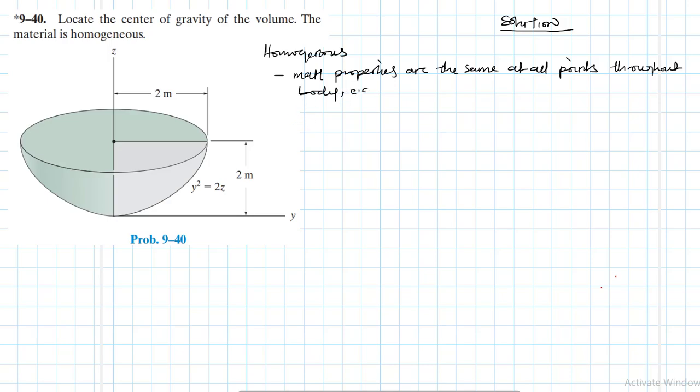In this case, these material properties would include density, Young's modulus, the elastic Young's modulus, and Poisson's ratio. Of course, we are also saying the gravitational field is uniform and so on.